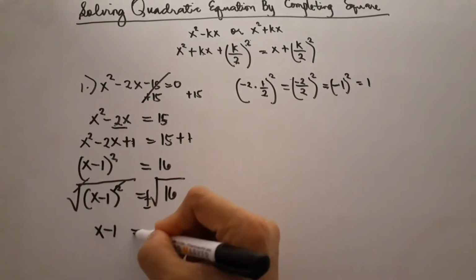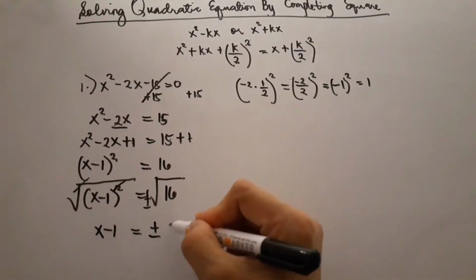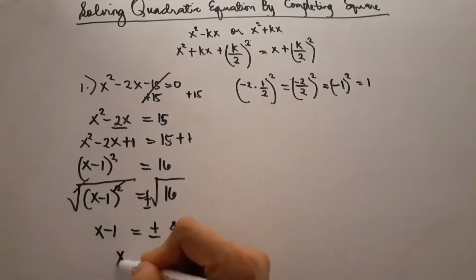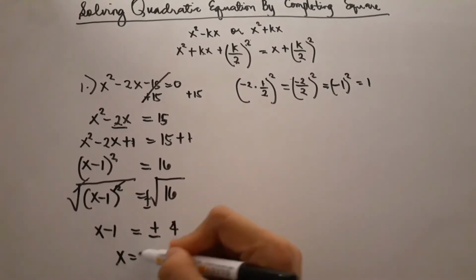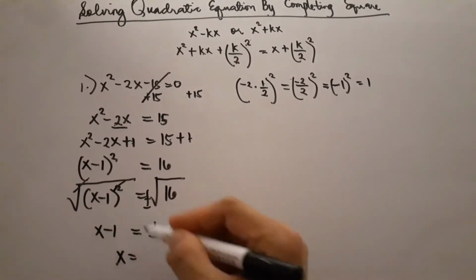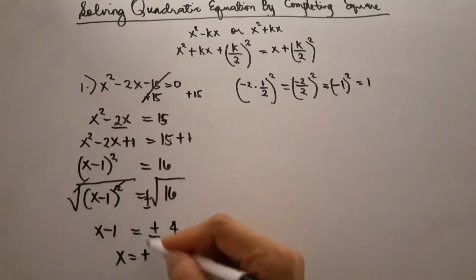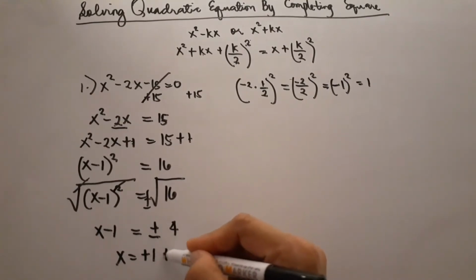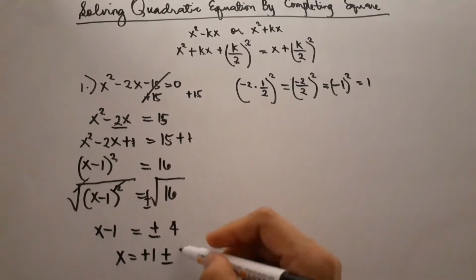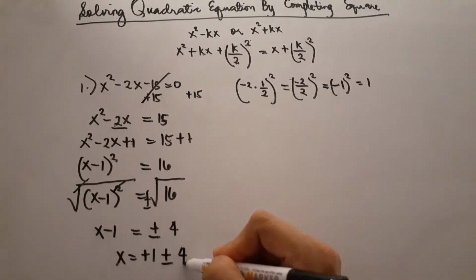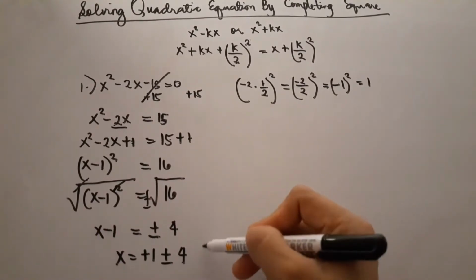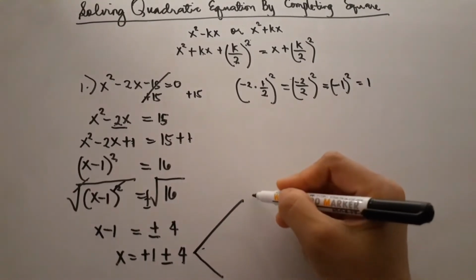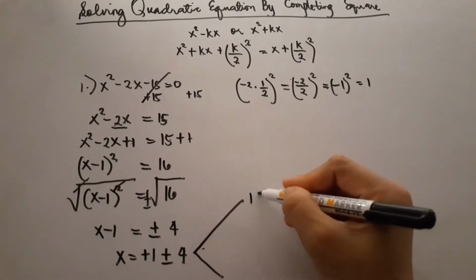So the remaining is x negative 1, and the square root of 16 is 4. Then to isolate the constant term, negative 1 becomes positive 1, and we copy the positive or negative 4, so it is either negative or positive, and we can solve.